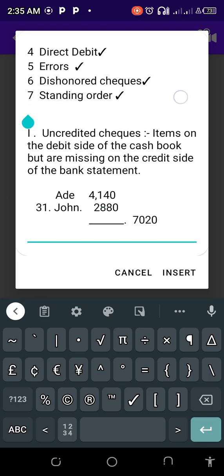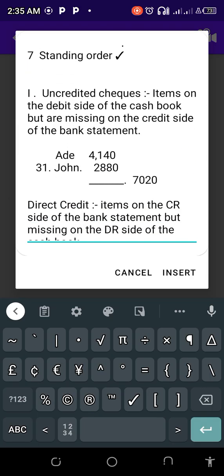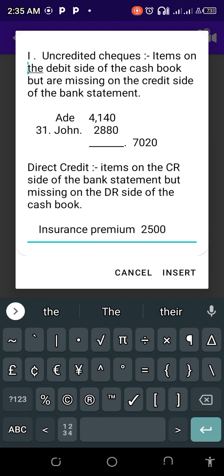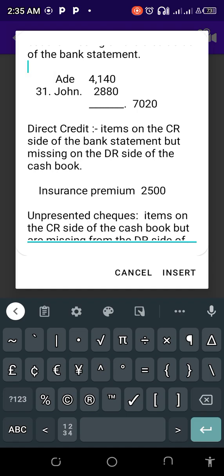Now, what we have just explained before is what this note is explaining. How did we get the uncredited checks? That is number 1. The 2 uncredited checks are Ade 4,140 and John 2,880, and the total is 7,020. Then the direct credit, how we got it is explained here, and the direct credit there is what?